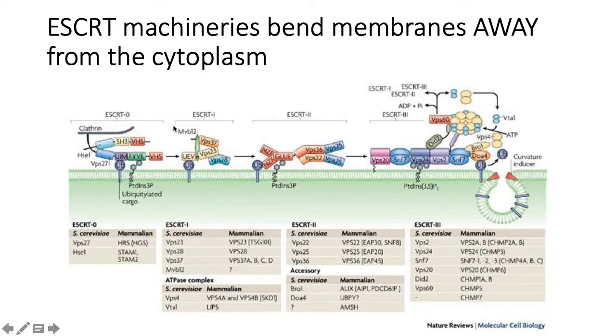So if we imagine that this lipid bilayer membrane in green is the limiting edge of a membrane-bound organelle in a eukaryote, these proteins will assemble on the surface of that membrane and then eventually push that membrane into the lumen. So we're pushing these membranes inside of this membrane-bound organelle.